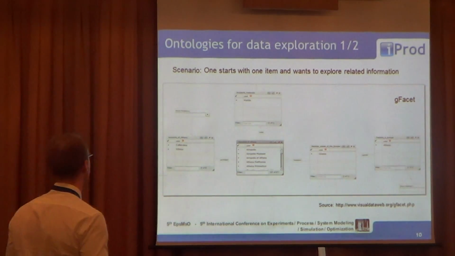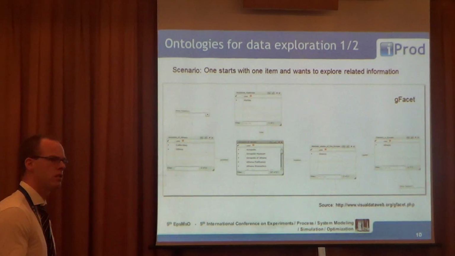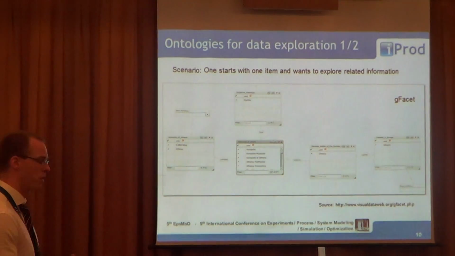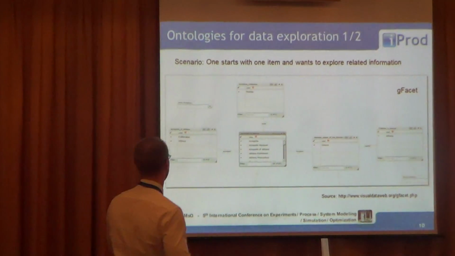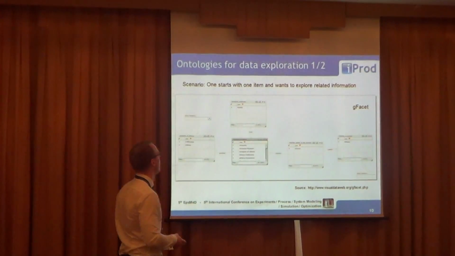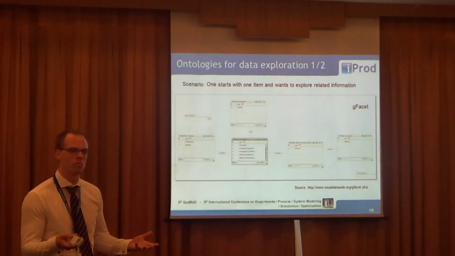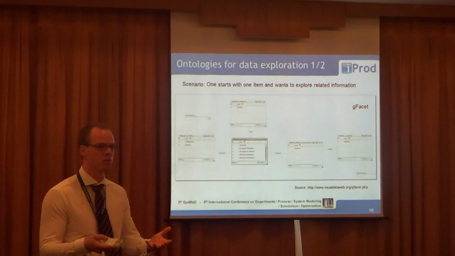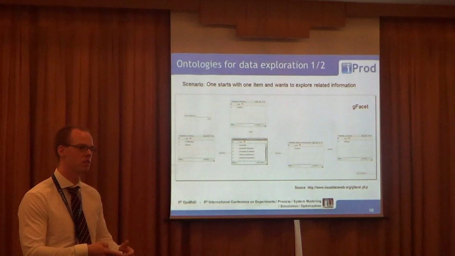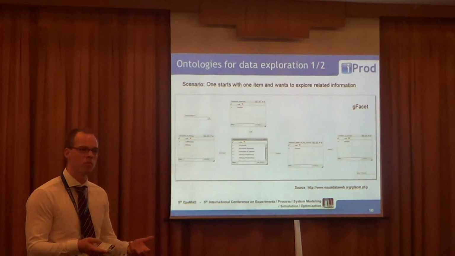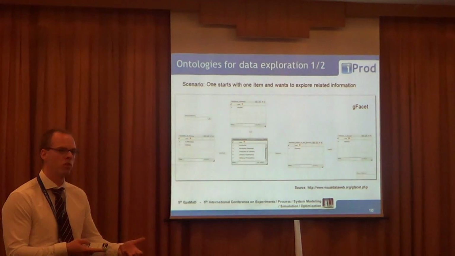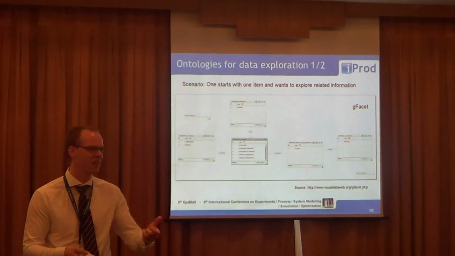So what I did is, the typical scenario for using such a tool would be, I start with one item, like I did with the Acropolis of Athens, and I want to explore what other information is linked to it. Because typically, the user, for example, using a PDM system, if he wants to search for something, well, he needs to know the ID, or he should know exactly what he's searching for.